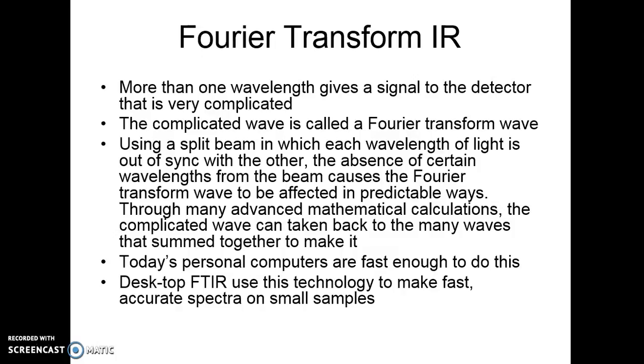And so you're able to use a split beam, and the computer analyzes the absence of wavelengths from the Fourier transform wave. And with this advanced computer, the calculation can be taken back to the simple wavelengths. And this is what we are going to use. It's much faster and a much better instrument.